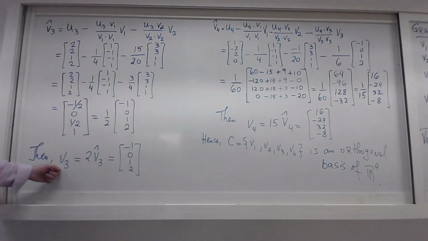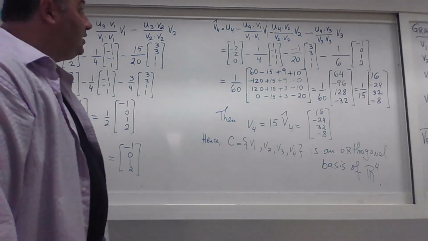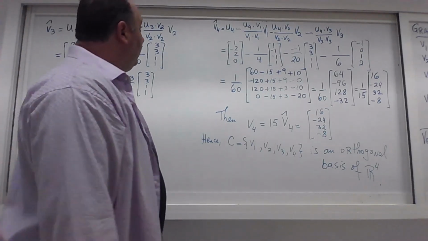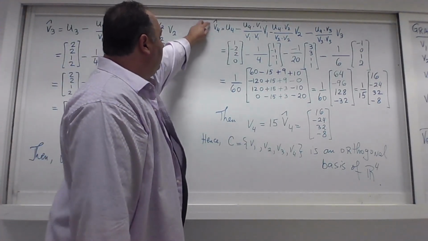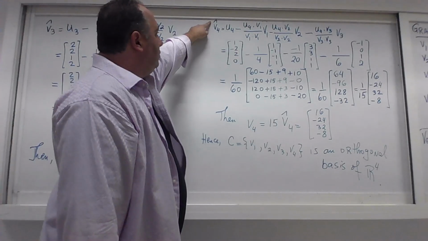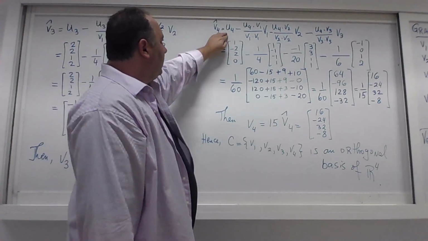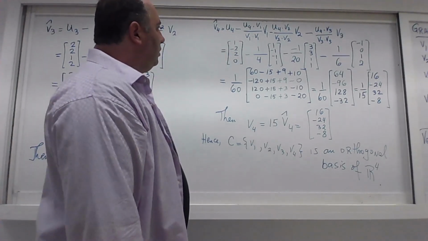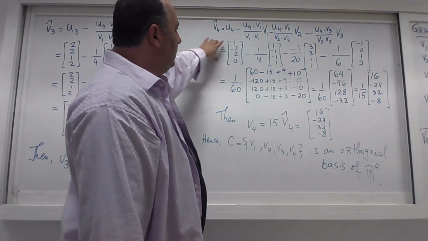Okay? So that's my V3, because I need to keep working with V3 now to get V4, and I don't like fractions. If you wish to work with fractions, it's fine, but it's going to be a hell. So V4 with a hat, just in case I get some fractions. So again, I use the formula. So I get all these pieces here.